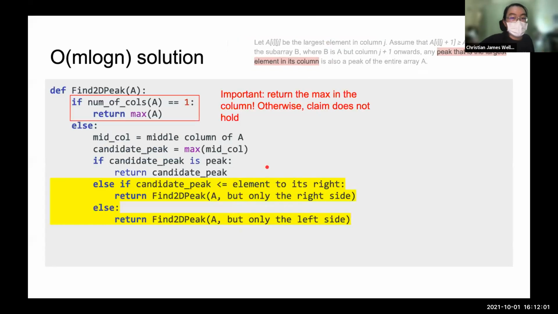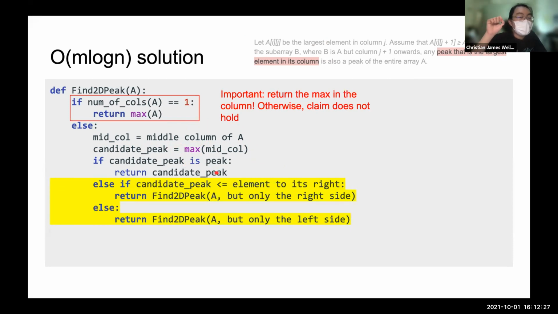The algorithm is as such. Let's just focus on the recursive case. First, you find the middle column, the middle pillar, and find the maximum in that single pillar. Once you find the maximum, you figure out whether it is a peak by examining its direct neighbors. If it is, just return it.